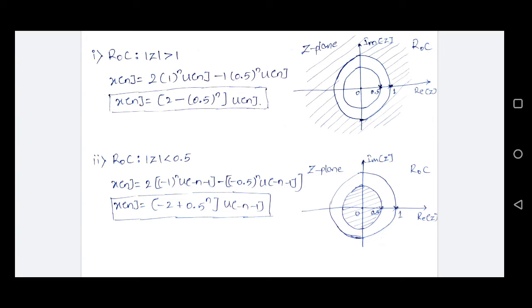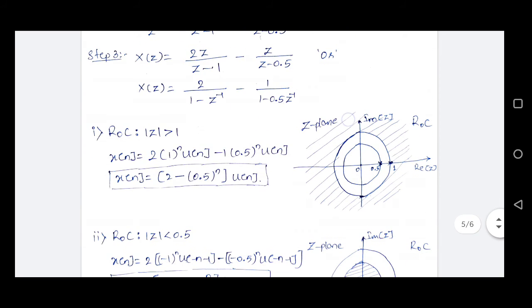There will be two circles, one with a radius of 0.5, which is one of the poles, and another with a radius of 1. If mod of z is greater than 1, then the region of convergence will be exterior to the outer circle, so it has to be a right-sided sequence.